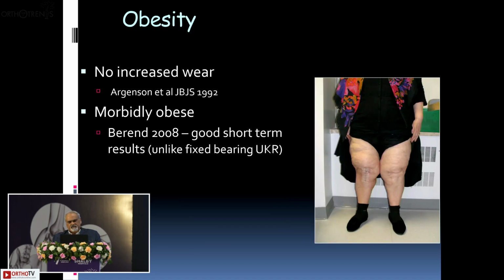Again, obesity is not a contraindication, but in females, especially short females like we tend to see in our practice, some of these patients have a very large and prominent ulcer on the lateral femoral condyle, right in the weight-bearing area. So if you're doing it for an obese patient, it's better to have a good look at the femoral condyle and not just rely on the valgus stress X-ray.